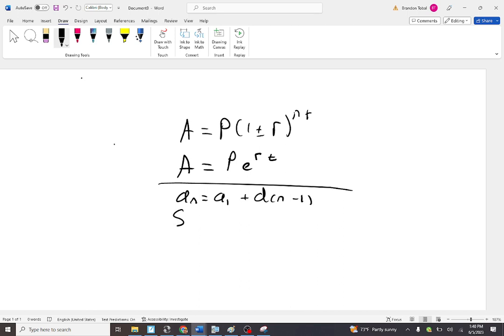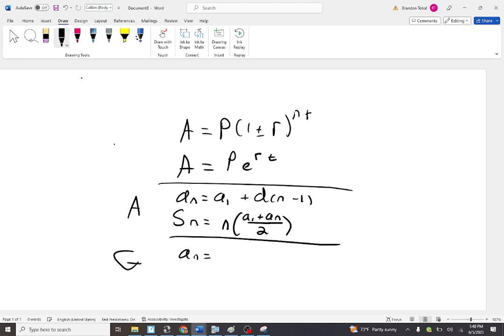The sum of this is S of N equals N times A1 plus AN over 2. For this one, that's arithmetic. For geometric, it was AN equals A1 times, remember, arithmetic is plus and minus pattern.